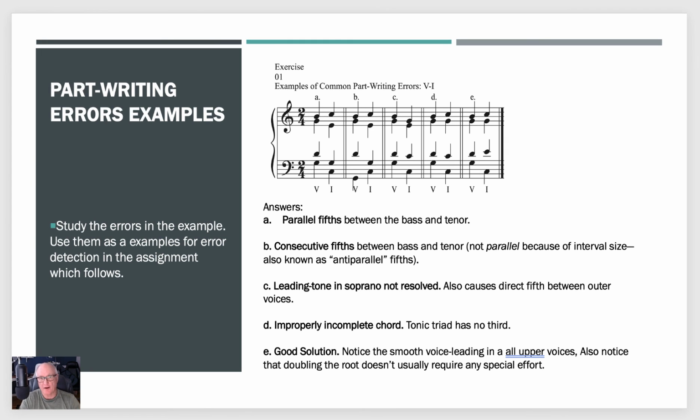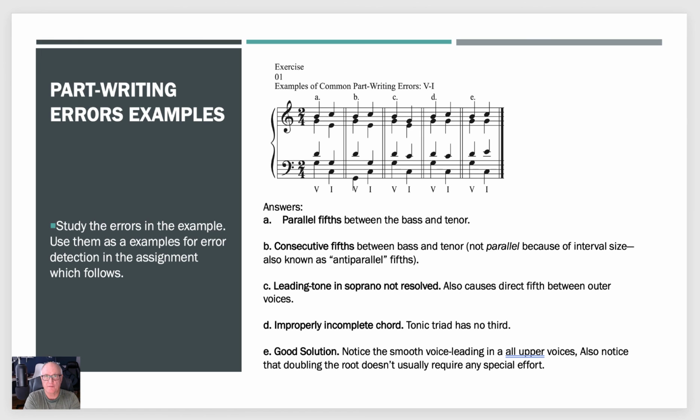A is parallel fifths between the tenor and the bass. So I've got, look at this. And it seems like it's going to sound pretty good. But the bass and tenor did this. That's parallel fifths. B is consecutive fifths between the bass and tenor. Remember consecutive fifths?